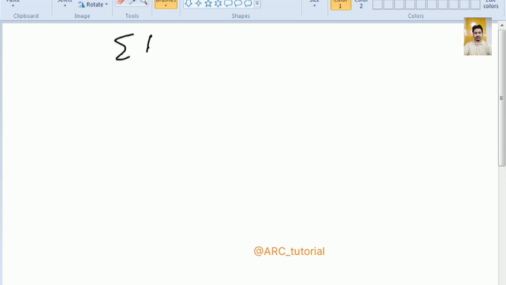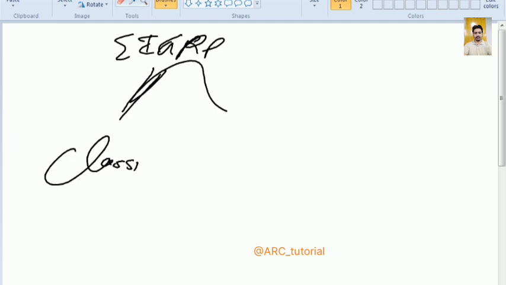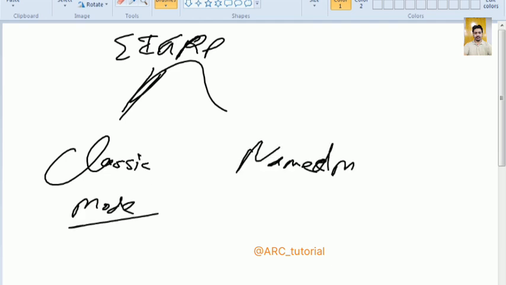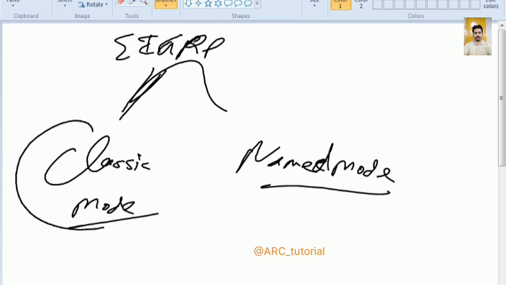If we talk about EIGRP, now we can configure EIGRP in 2 modes. One is classic mode, another one is named mode. First of all, I will teach you only classic mode, and then after that I will teach you named mode.